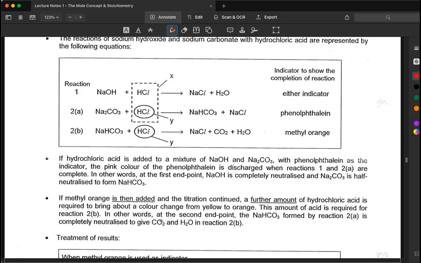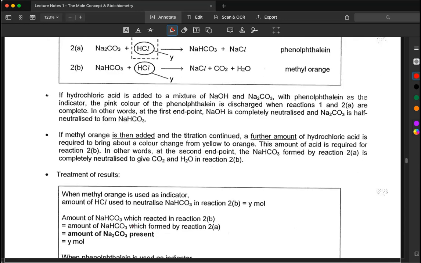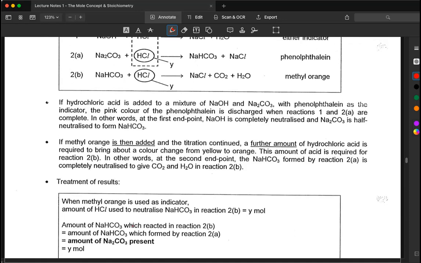So this amount of acid is required for reaction 2B. In other words, at the second endpoint, the sodium hydrogen carbonate formed by reaction 2A is completely neutralized already. So if you use methyl orange, the amount of HCl to neutralize NaHCO3 in reaction 2B is Y mole.